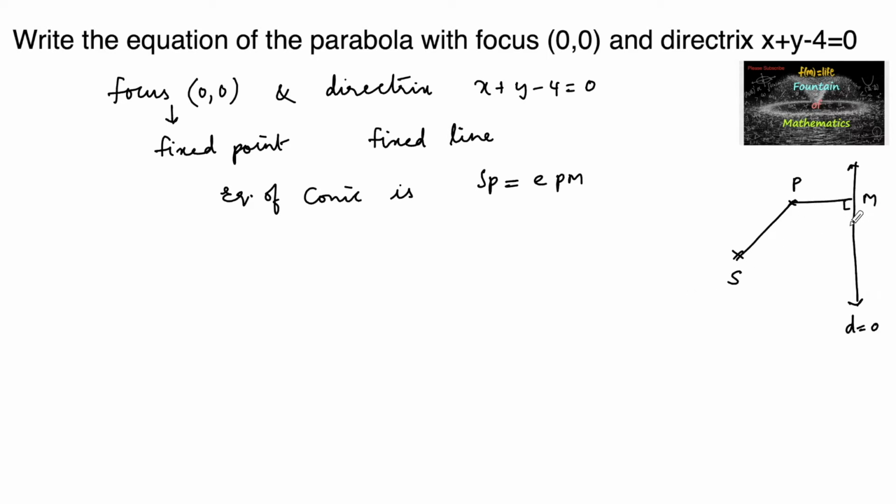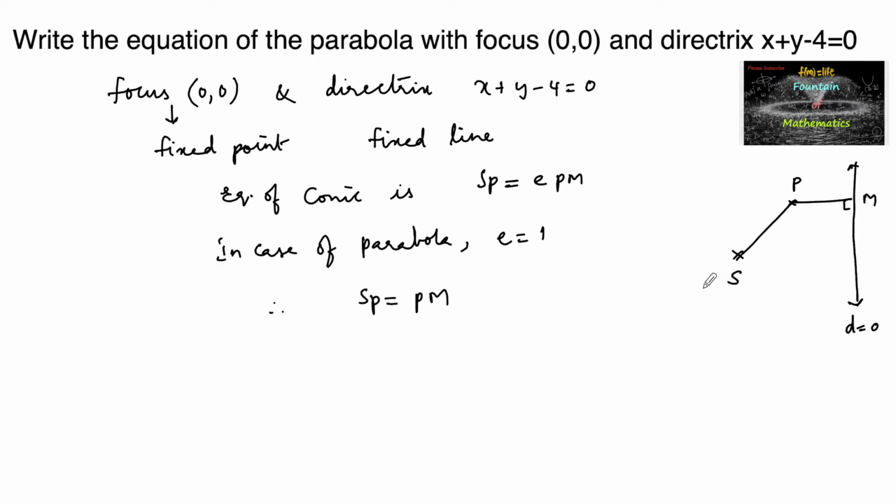If PM is the perpendicular distance from the point to the directrix, then SP is equal to E·PM. So in case of parabola, E is equal to 1. So the equation of parabola can be taken as SP is equal to PM.